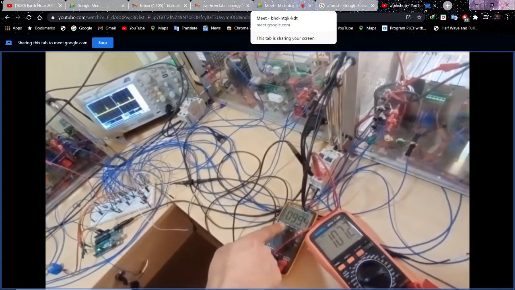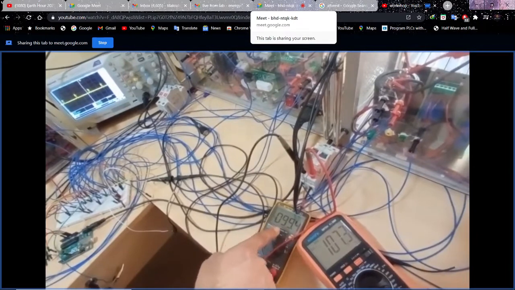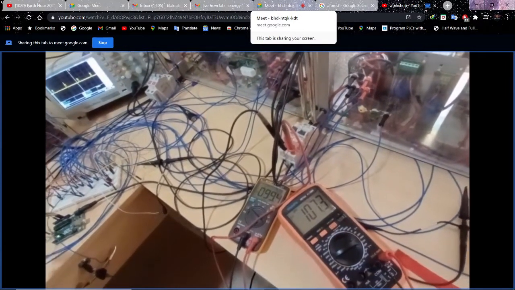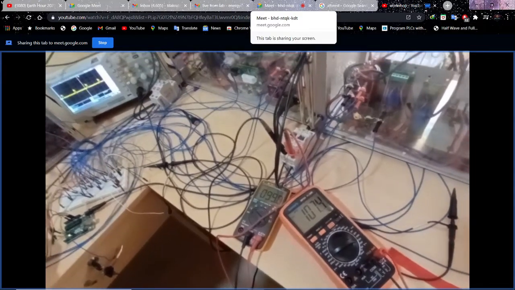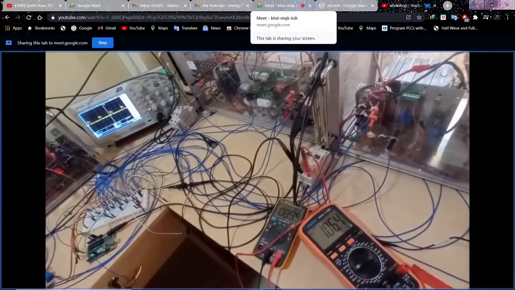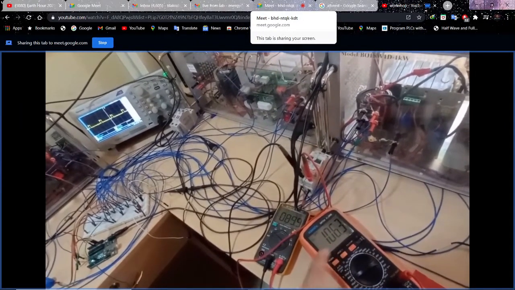Here at the input we can see this is 99 volt, but the output is 107 volt. Okay, we have increased the duty cycle. Now if we increase the duty cycle, this is 106 volt.